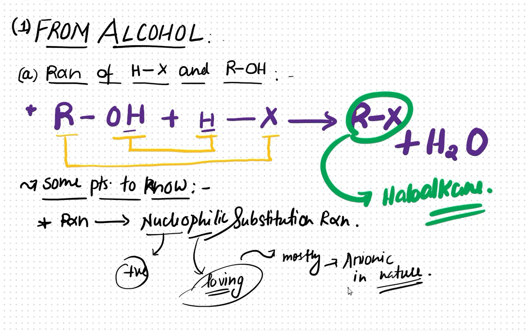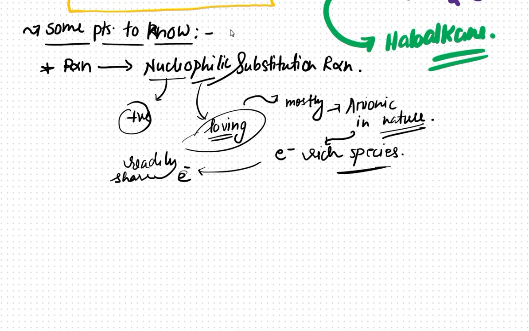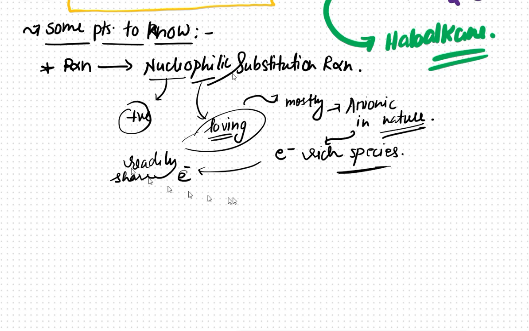They are also electron rich species, because you guys know that any atom which gets a negative charge has got an electron, which means it is electron rich. So it readily shares electrons. Obviously, most rich people share. So here also nucleophiles have a tendency to share their electrons. They are positive loving, they attract towards positivity.